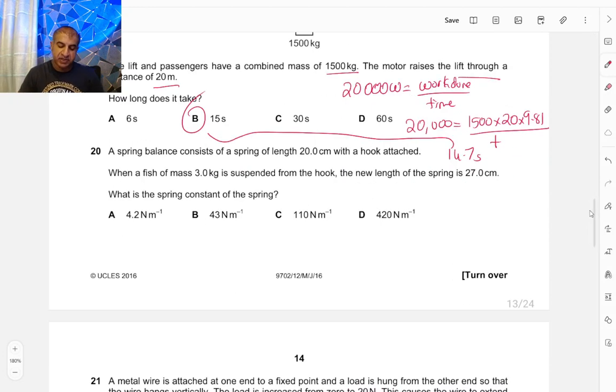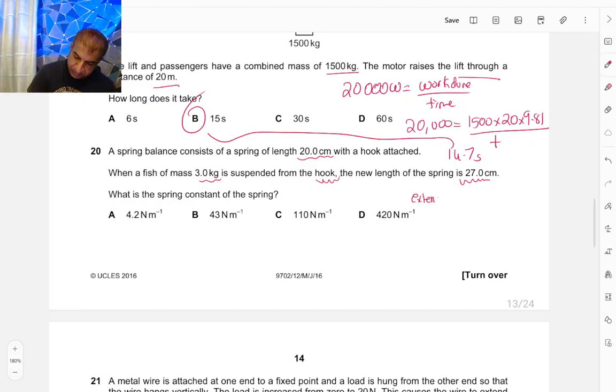The spring balance consists of a spring of length 20 centimeter, okay, with a hook attached. When a fish of mass 3 kg is suspended from the hook, the new length of the spring is 27. Okay, so we have the original length and we have the total length. So we can find the extension.